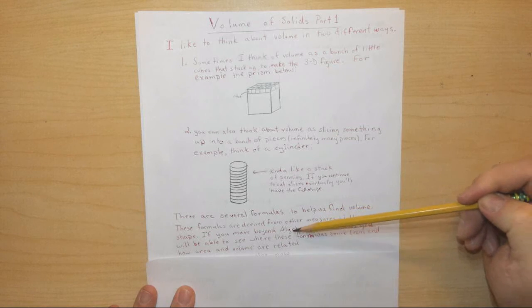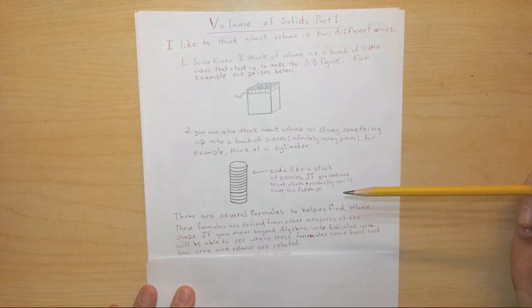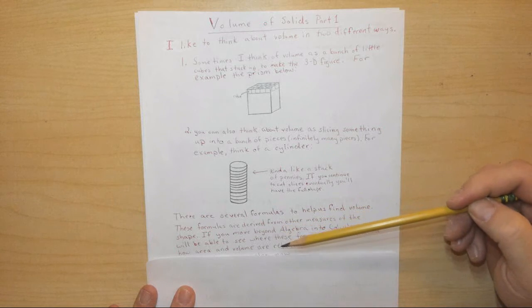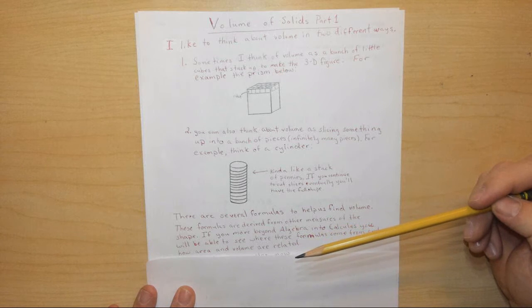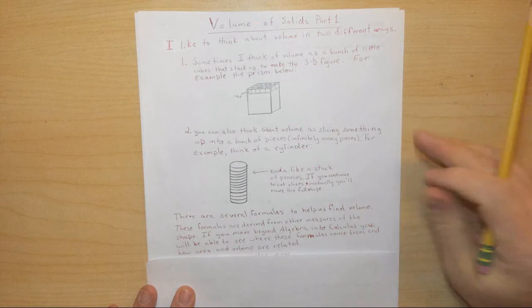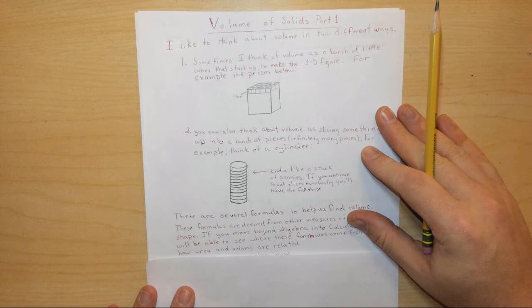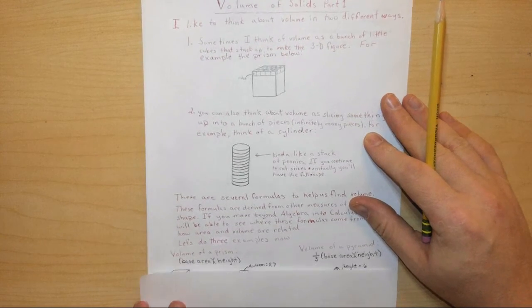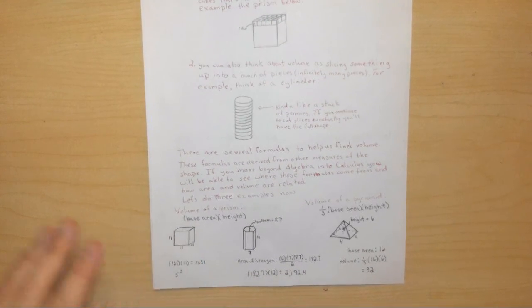And if you move beyond algebra into calculus, you'll be able to see where these formulas can be derived using derivatives or integrals to find the area under the curves. And you'll be able to see more easily how area and volume are related. So let's just do a few examples and learn what the formulas for our shapes are now.